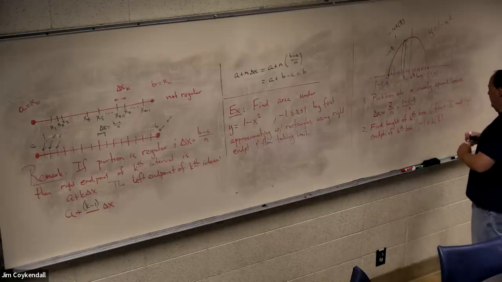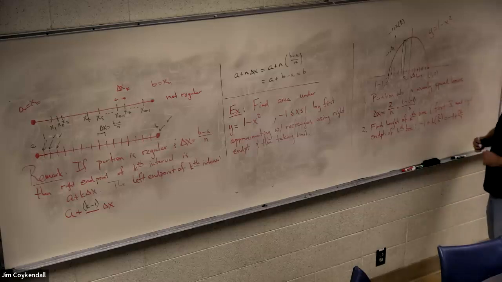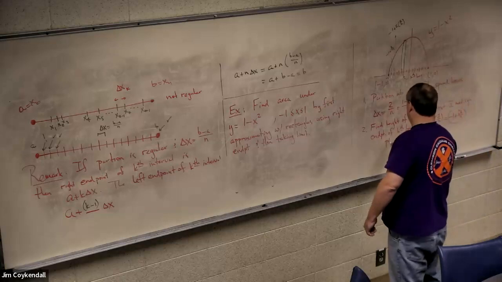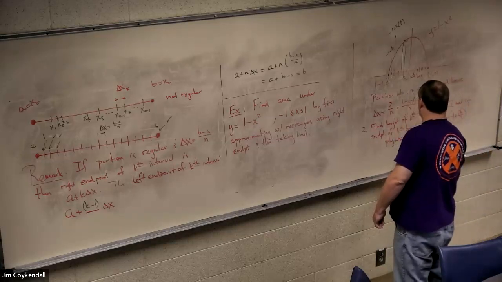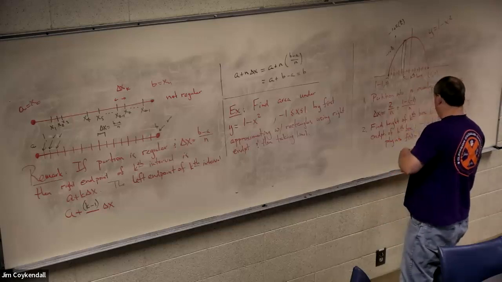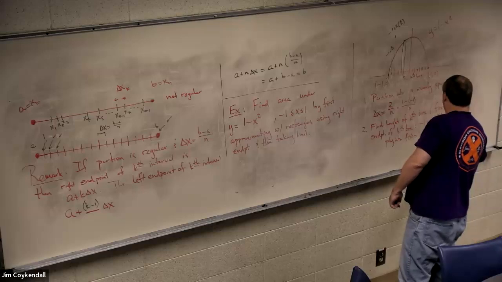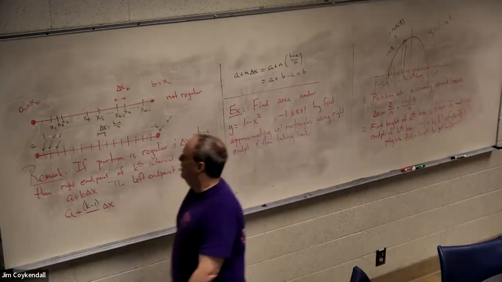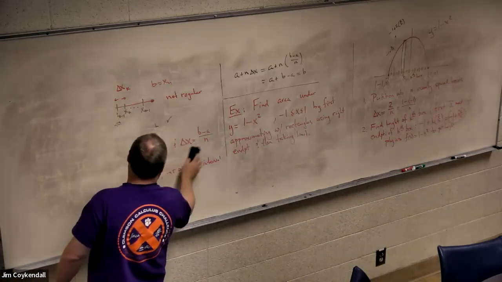So this is actually -1 plus 2k over n. Now plug this in, and when you plug that right endpoint in, it'll give you the height of your k-th box.